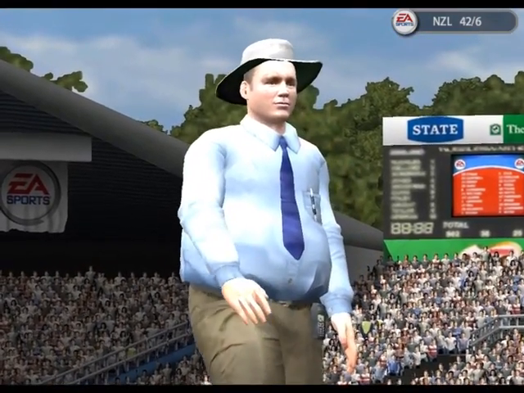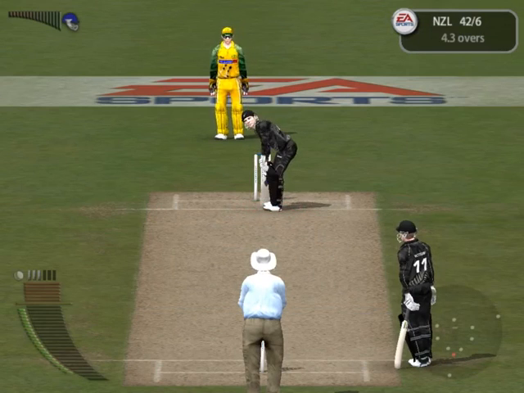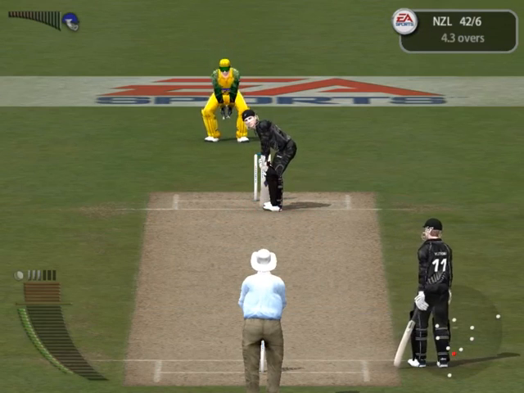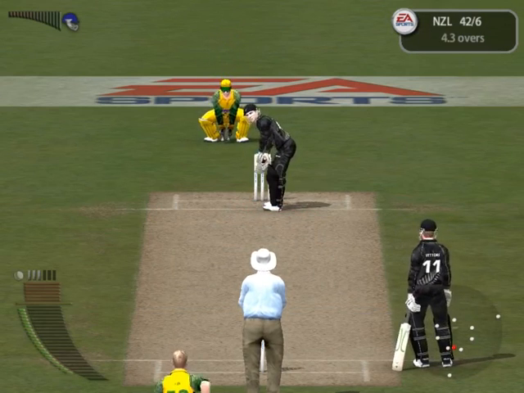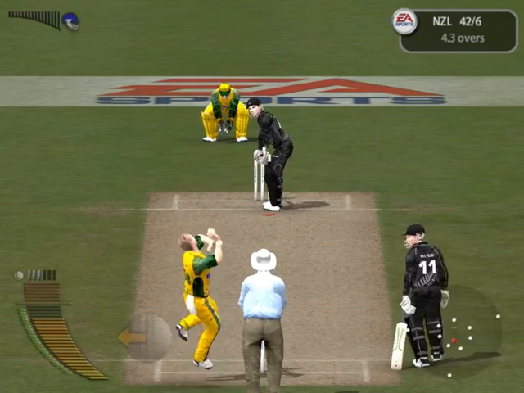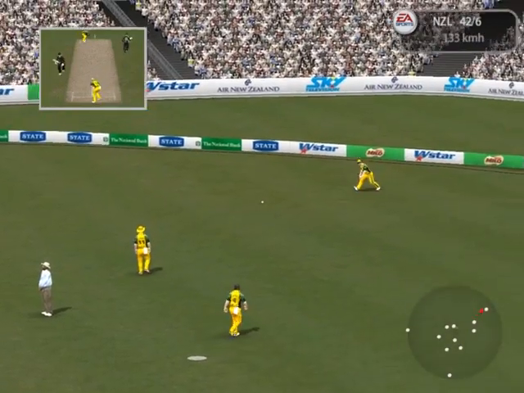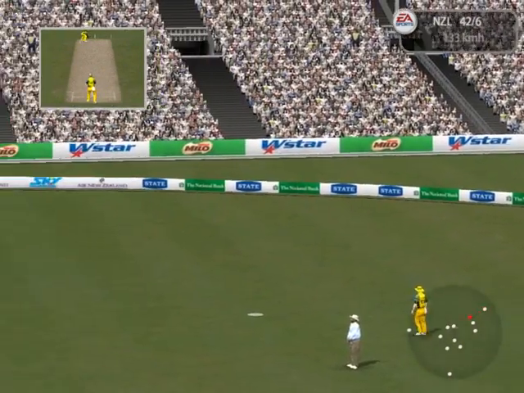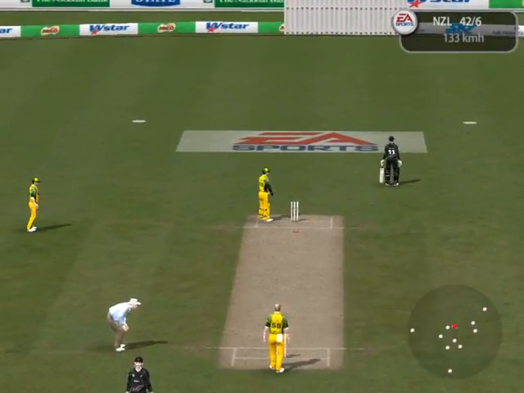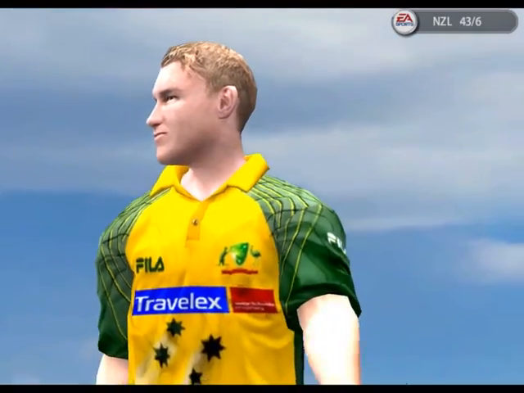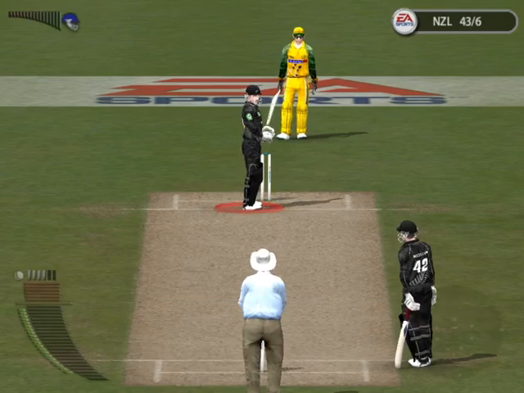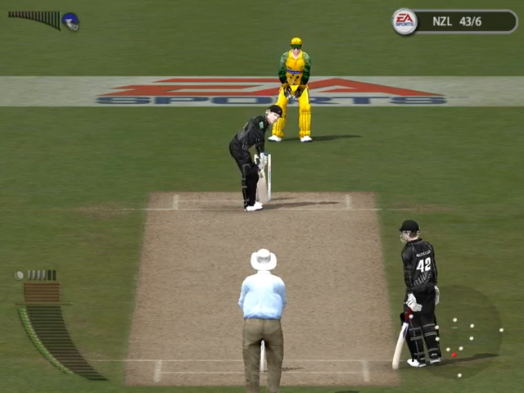Umpire's signalling that as leg byes. McCullum facing. He's got it into the gap. Single to McCullum. Lee, the ball to Vettori.